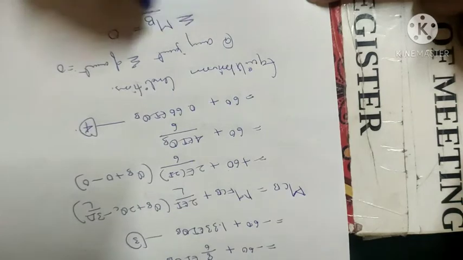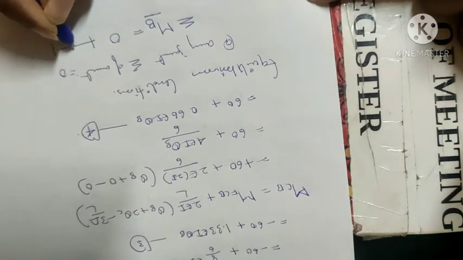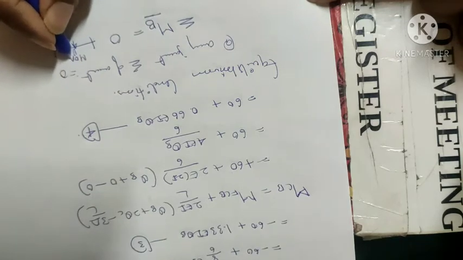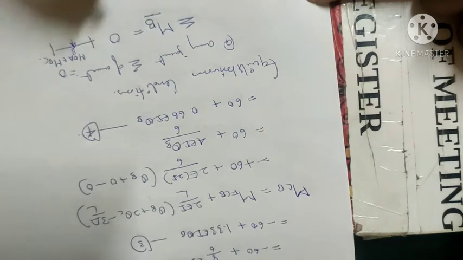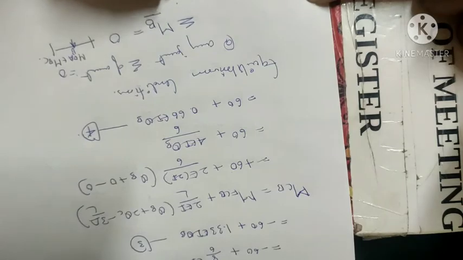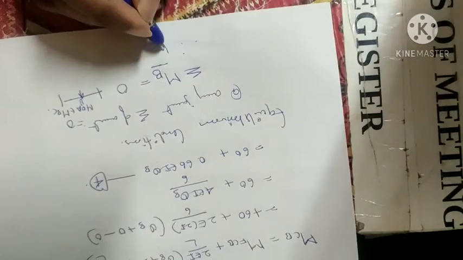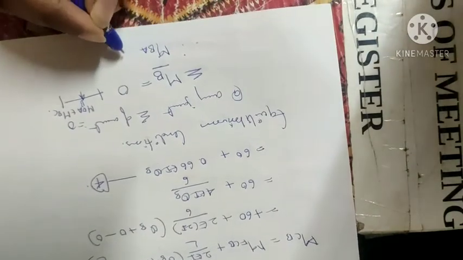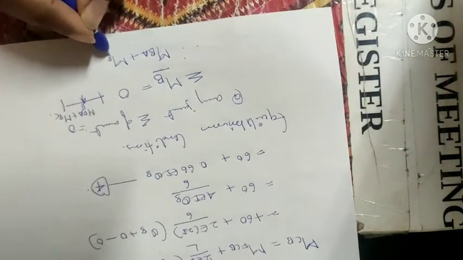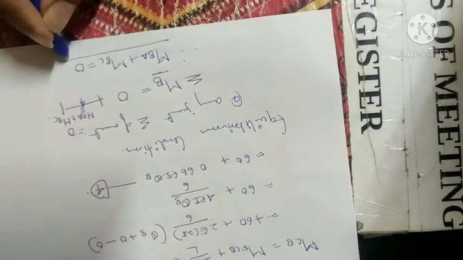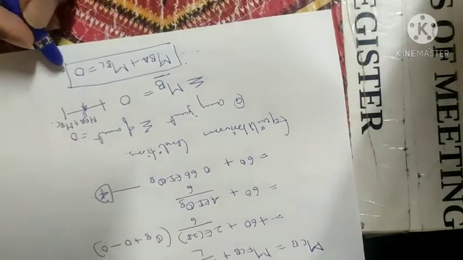At joint B there will be 2 moments, MBA plus MBC. Therefore MBA plus MBC is equal to 0. This is the one equilibrium condition you should use.